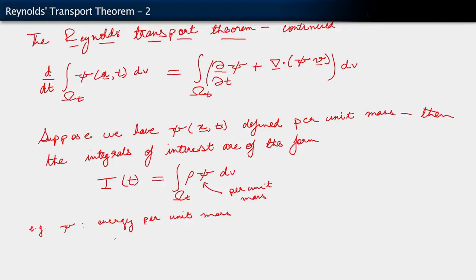We could take the velocity and construct the Euclidean norm squared of the velocity, maybe one half of this, and this is the kinetic energy per unit mass.